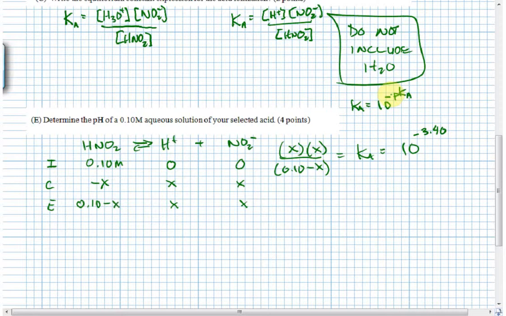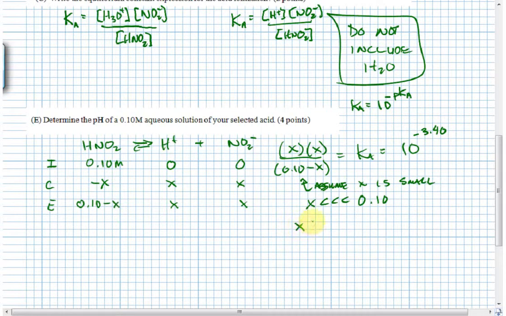Now, simplifying assumption: assume X is small relative to 0.10. Another way to say that is X is much, much less than 0.10. We make that assumption.